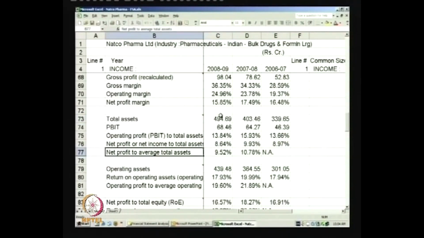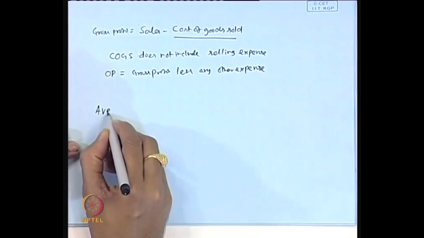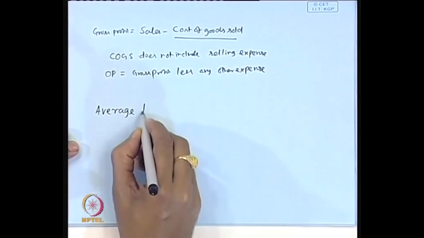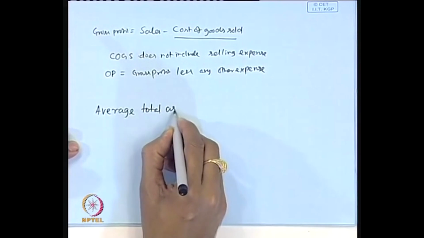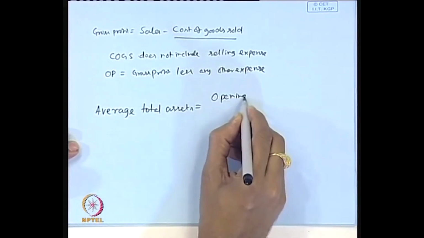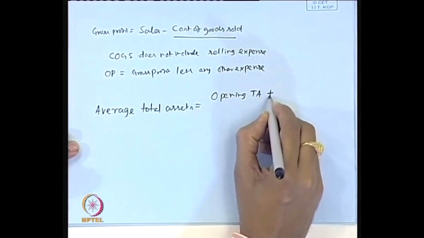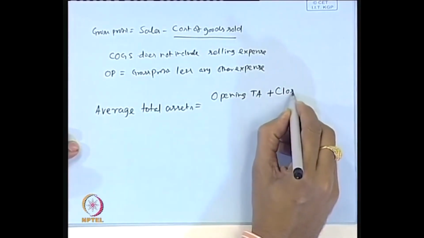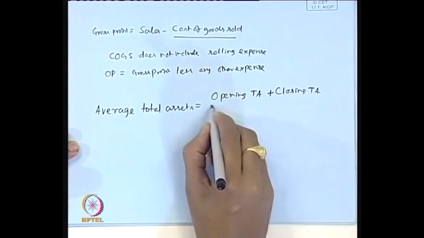Another way that is discussed is net profit to average total assets. Instead of taking the total assets of the latest year, that is closing total assets, one can also look at the average total assets. Average total assets is the total assets at the beginning of the year, the opening total assets, which is the closing of the previous year, plus the closing total assets, divided by 2.